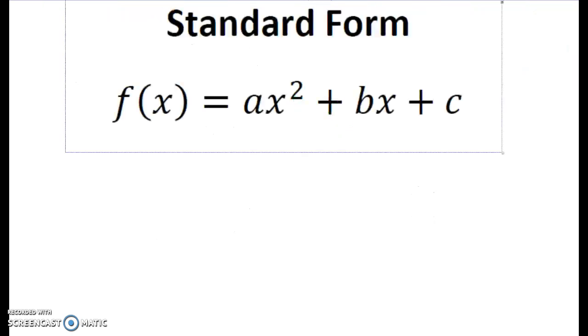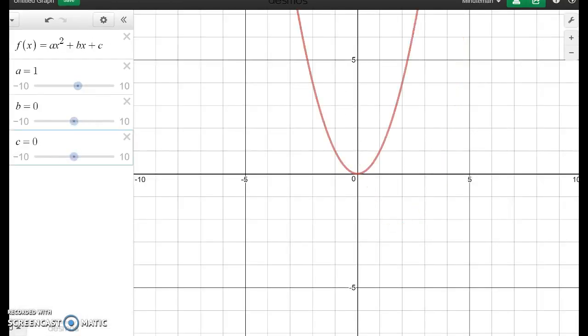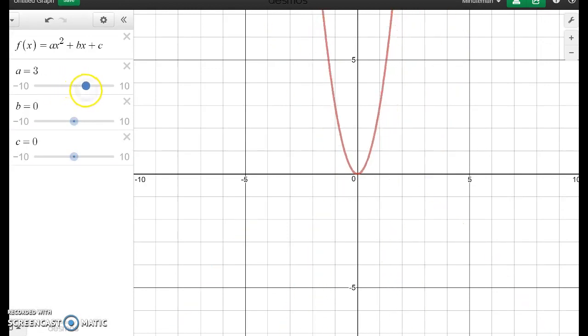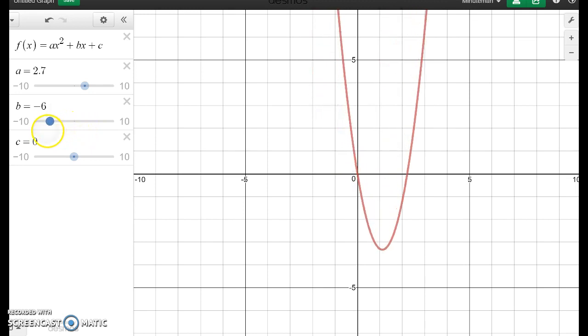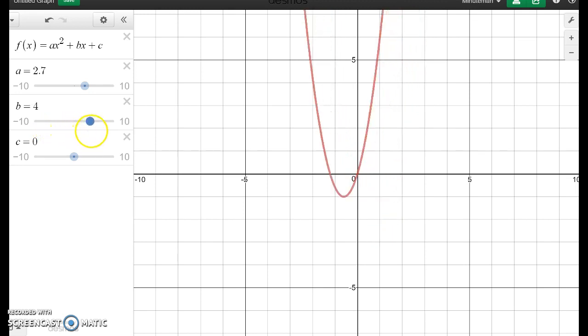All right, coming back quickly to standard form. Standard form is the standard form, but it doesn't really reveal very much. So if we go over, you can change a, and it's still going to just affect wideness, steepness. You can change b, and it's kind of not obvious what that even changes. It's not directly associated with the roots.